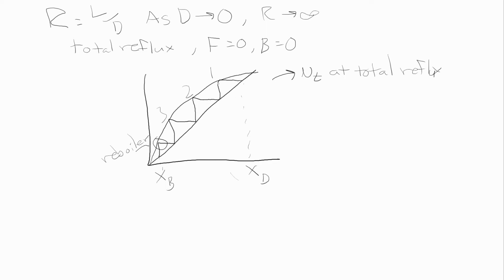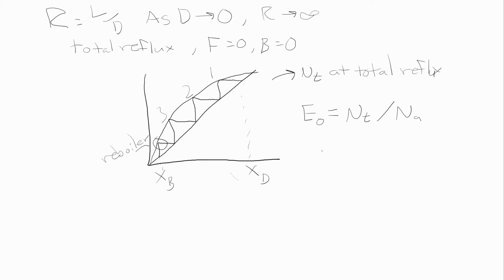Then we can perform this McCabe-Thiele construction and figure out how many theoretical stages that column operating at total reflux corresponds to. We know the number of trays on the actual column, so we can simply find the overall efficiency of the column by taking the number of theoretical stages from the McCabe-Thiele construction at total reflux and dividing it by the actual number of stages on the column that we are operating at total reflux.